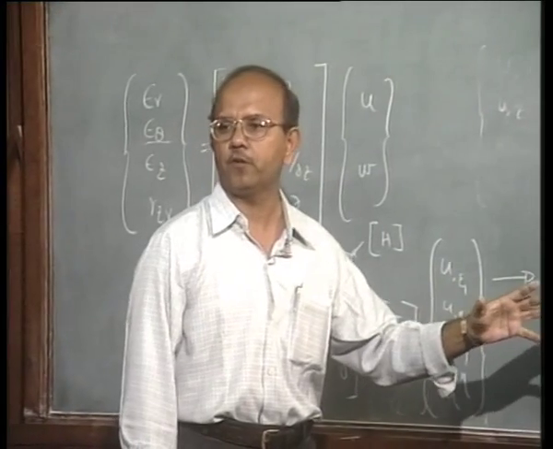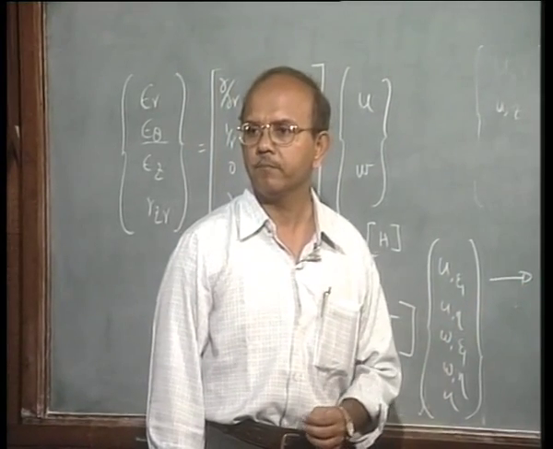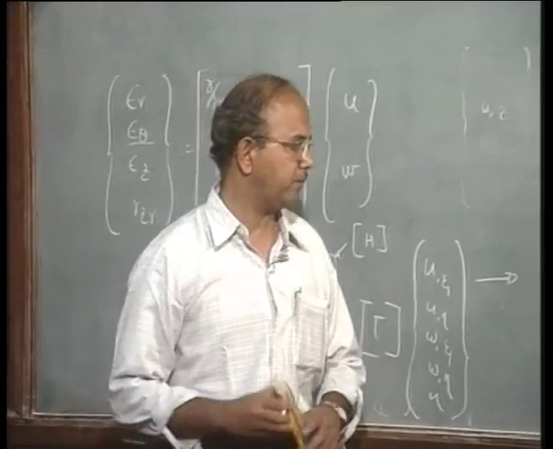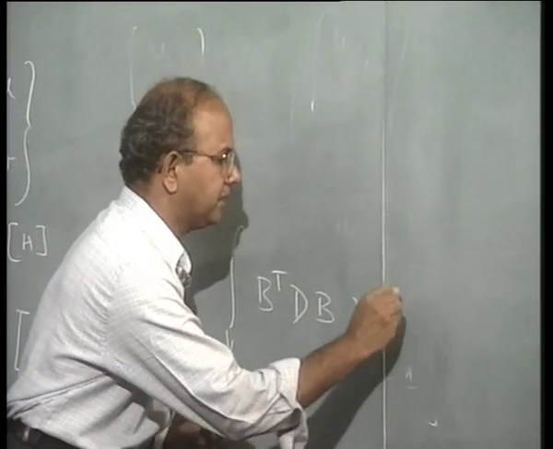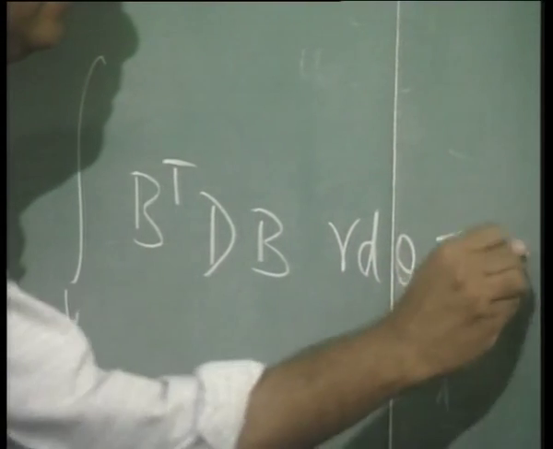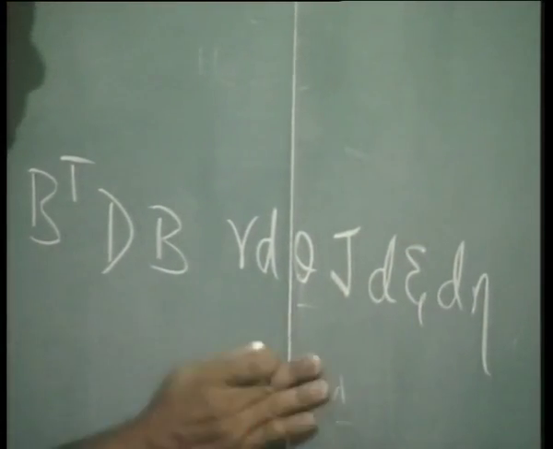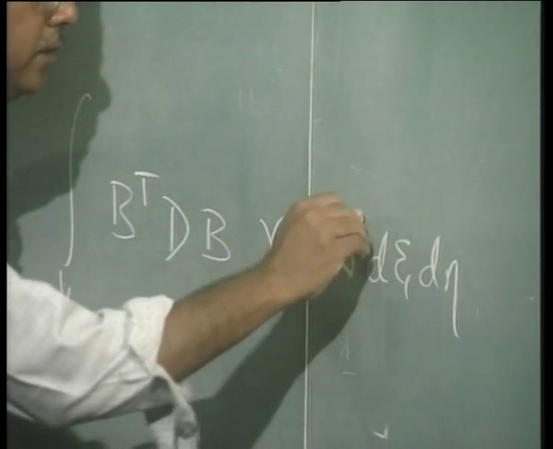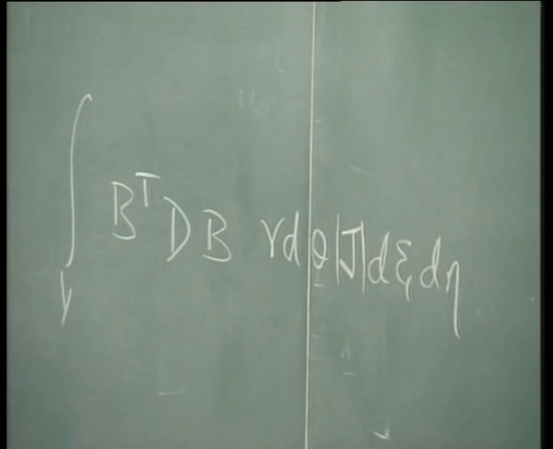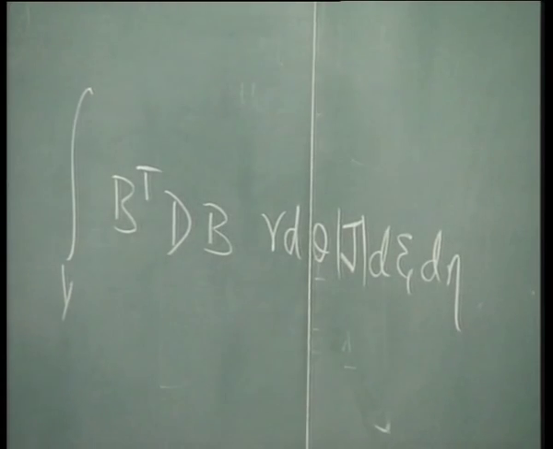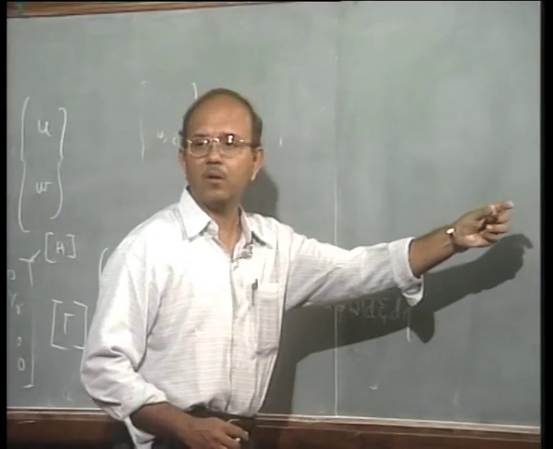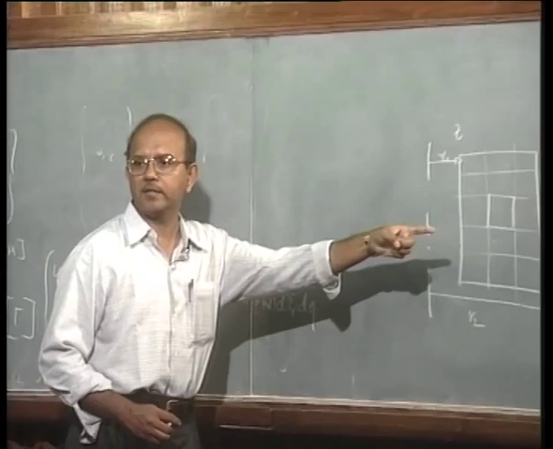So I now substitute it for dV. How do I substitute for dV? I substitute for dV as r d theta j d psi d eta. j is of course the determinant of my Jacobian. Because I already told you that I am going to take the complete ring.